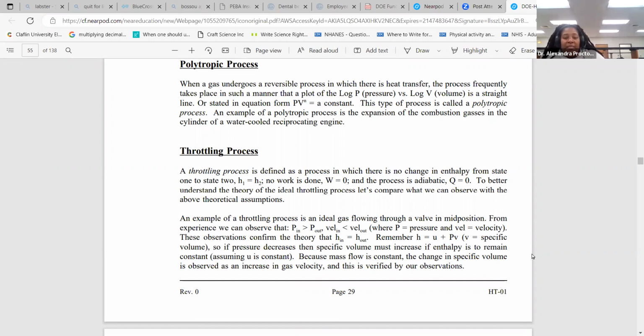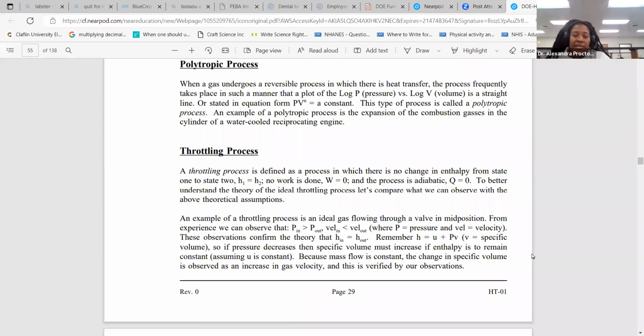And remember that lowercase h, you saw it when we started talking about internal energy. We started talking about enthalpy and how it relates to internal energy. So h is equal to u plus Pv, where v is the specific volume. If pressure decreases, then the specific volume has to increase if the enthalpy is to remain constant.